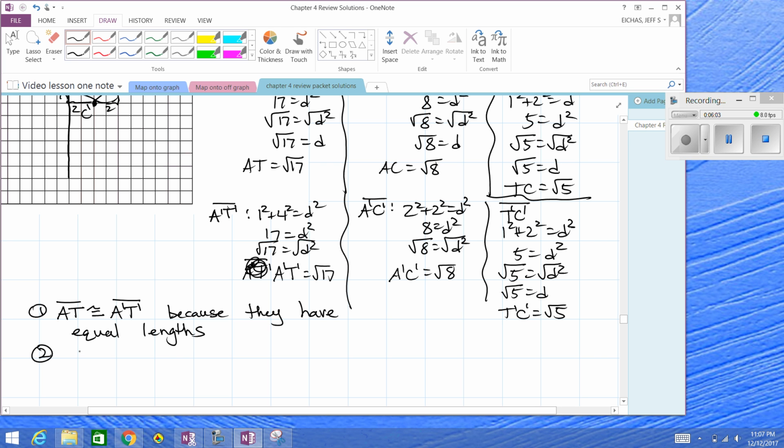Okay, 2. This seems crazy, but we've got to do it. AC is congruent to A prime C prime. Again, because they have equal lengths. They're both square root of 8s. These are both square root of 17s.